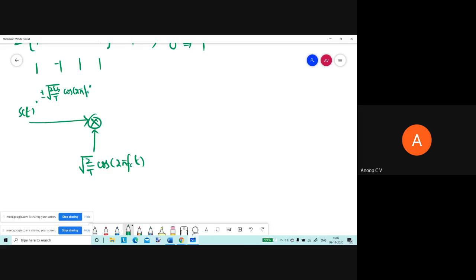So if you multiply that, what will you get? Plus or minus root EB times 2 by t cos square 2 pi FCT is what you will get.